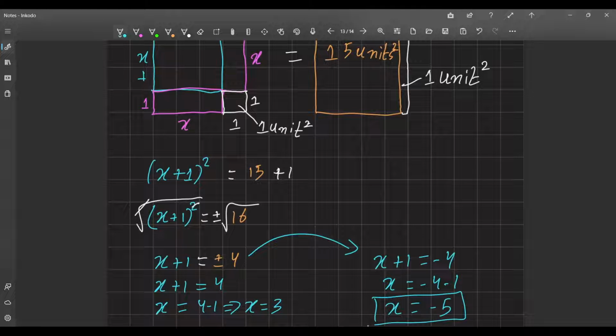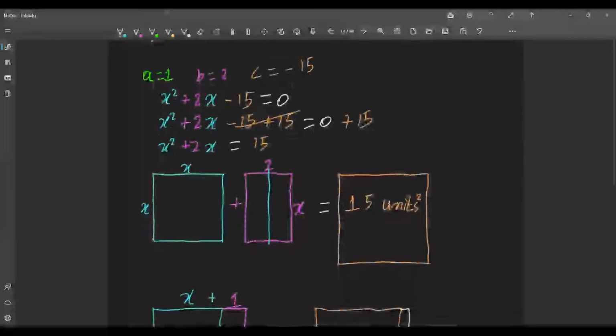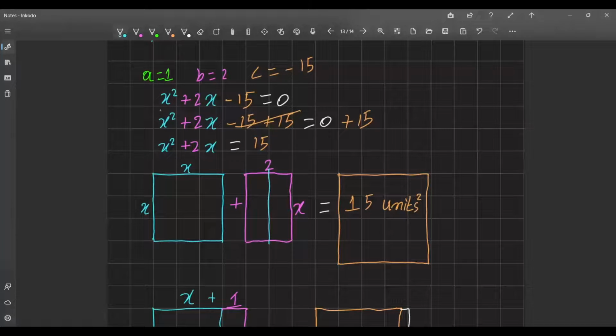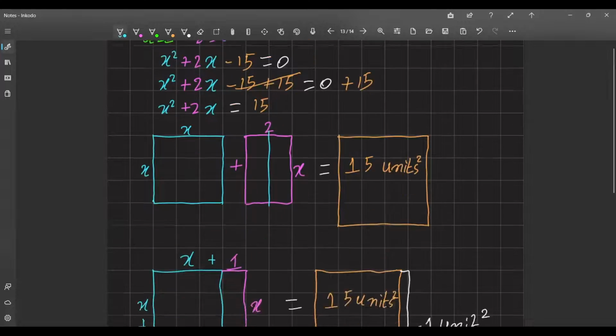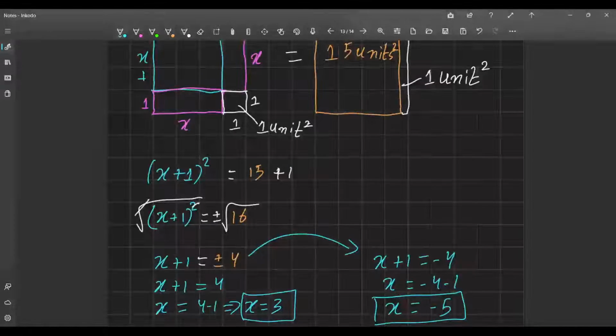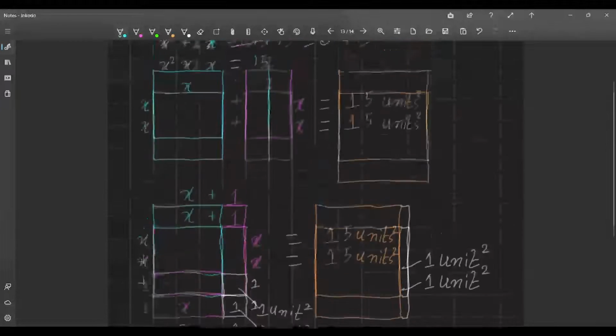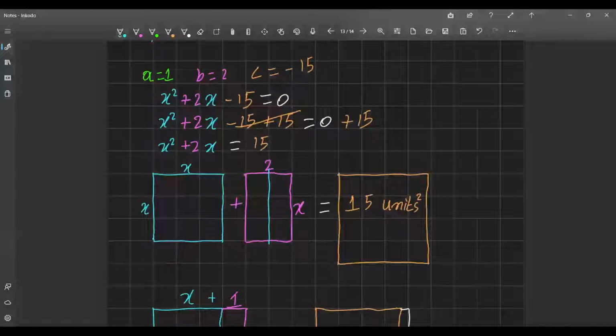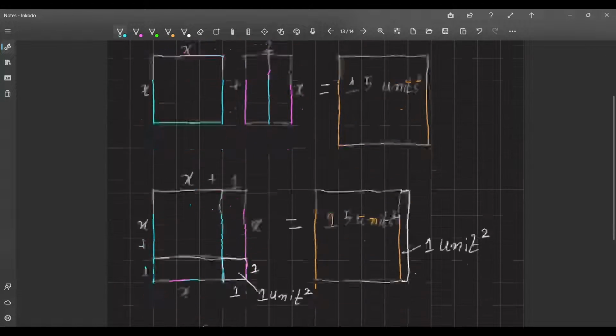Notice that we got two different answers. One is x equals 3 and the other one is x equals minus 5. Now if we put both of these values in the equation here, we would be able to satisfy the equality here. So these are the two answers that we get for x for the equation x squared plus 2x minus 15 equals 0.